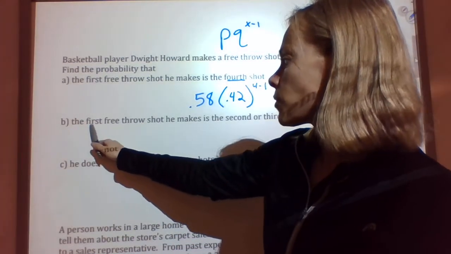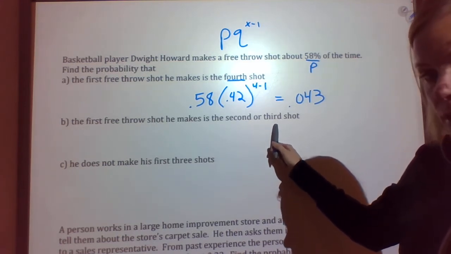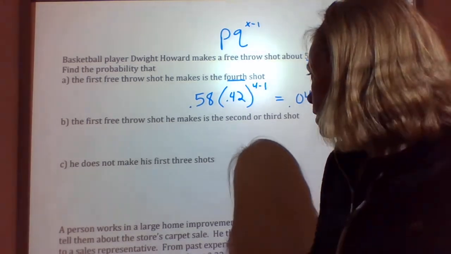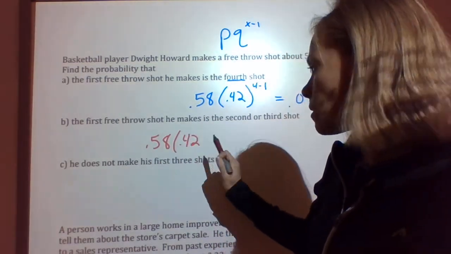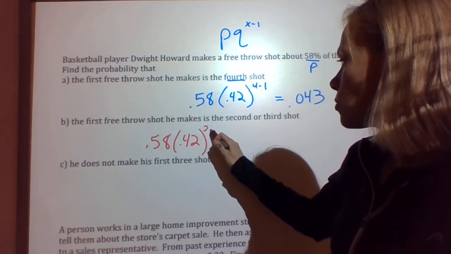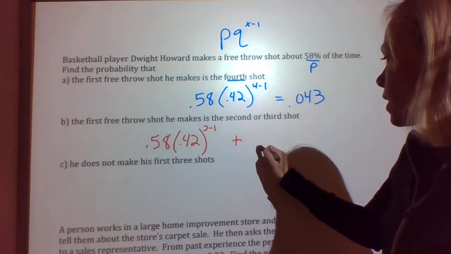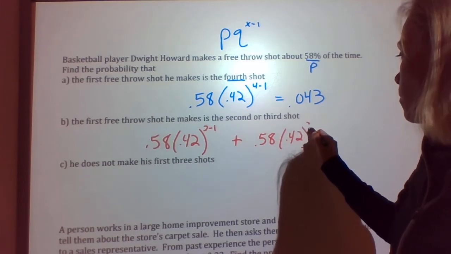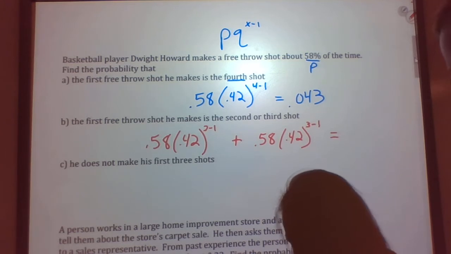How about this one? The first free throw shot he makes is the second or third. Or means add. So let's do second. P and Q stay the same, but what changes is the first success is now the second, so that's 2 minus 1. Or means add. Third shot, same thing, but now it's 3 minus 1. And I'm going to add those two together.